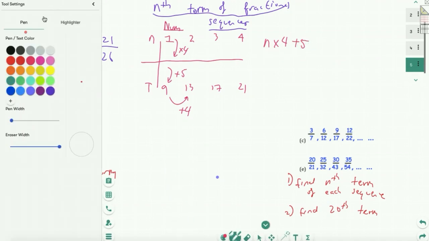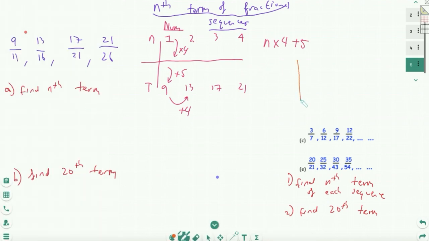Then let's make a sequence of our denominators now. We have our n and our t. The first denominator is 11, the second denominator is 16, the third is 21, the fourth is 26.